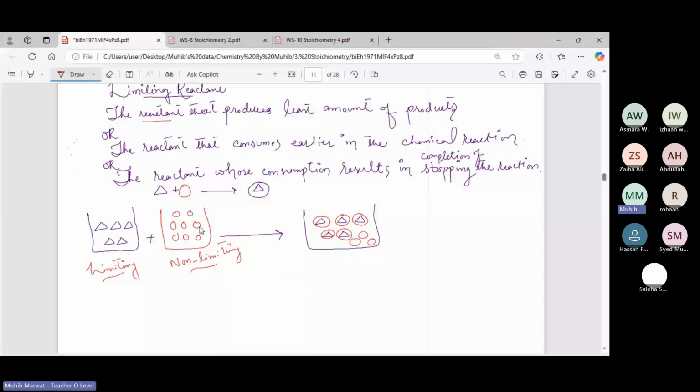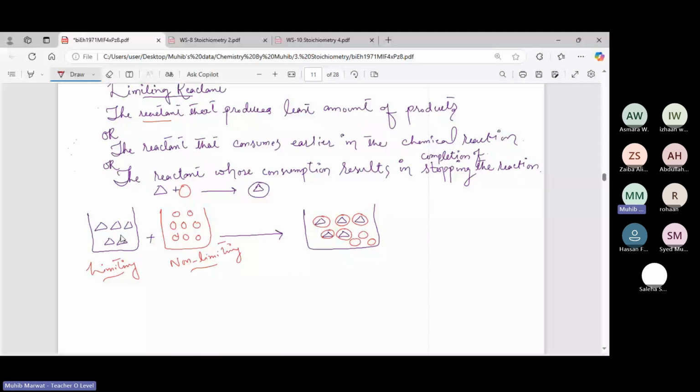The circles could have made 8 products, but as there are a limited number of triangles, the final product formed will be in accordance with the number of triangles. As there are only 5 triangles, the number of products finally formed will be 5.